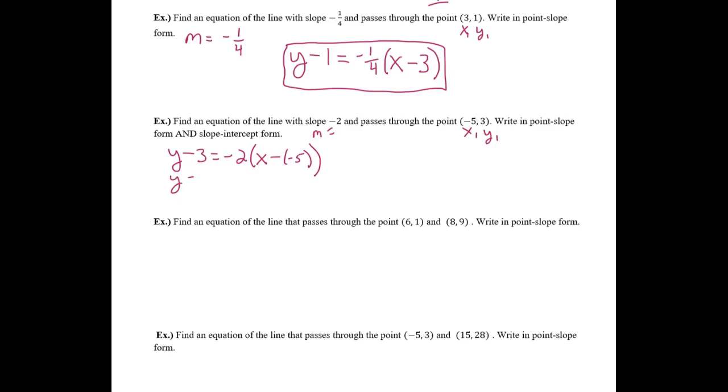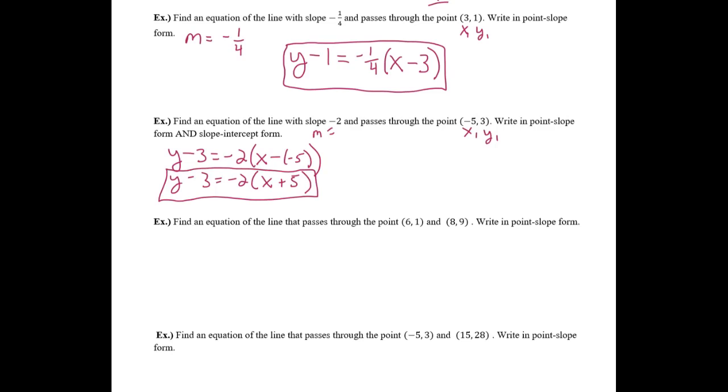I'm just going to go ahead and write one more step to show that. So a negative times a negative, or subtracting a negative, is the same thing as adding a positive. Alright, so that is the point-slope form.